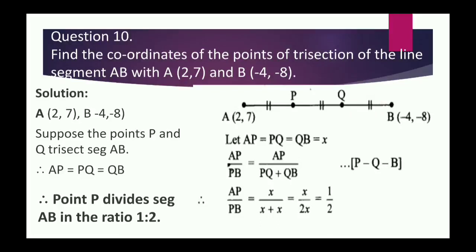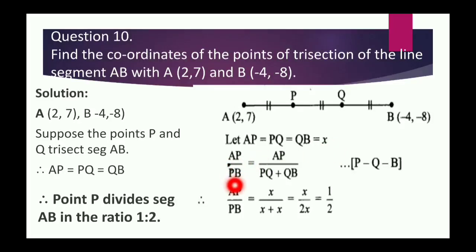If it is 5, it is dividing into 5. So how many points will we have in between? We will have 4 points, and we will have 4 equal segments. Like this we have to write. So let AP is equal to PQ is equal to QB is equal to x.